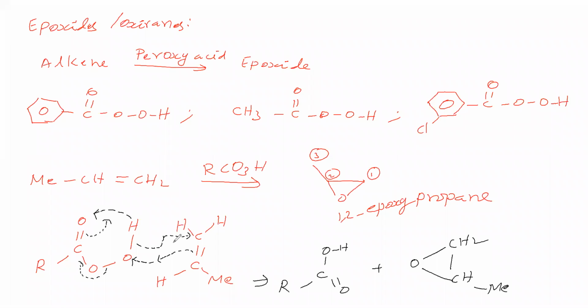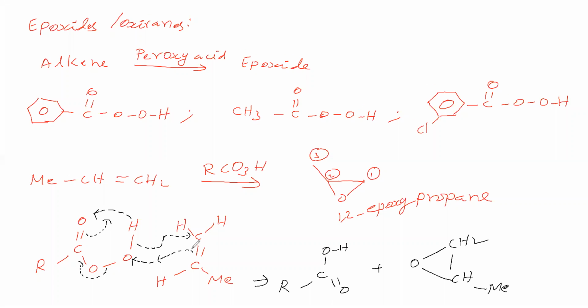That means this oxygen is adding to both carbons at a time, that means syn addition. In the sense, when this oxygen is attacking this double bonded carbon from up, suppose, then all the four groups will go down.